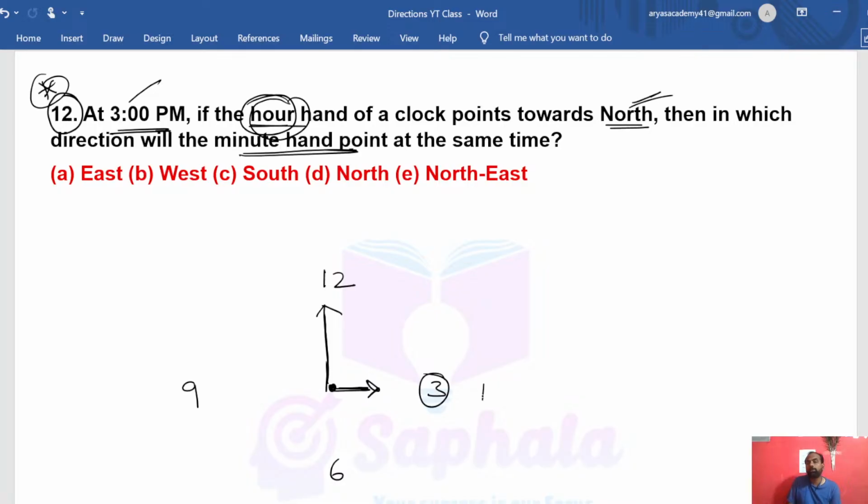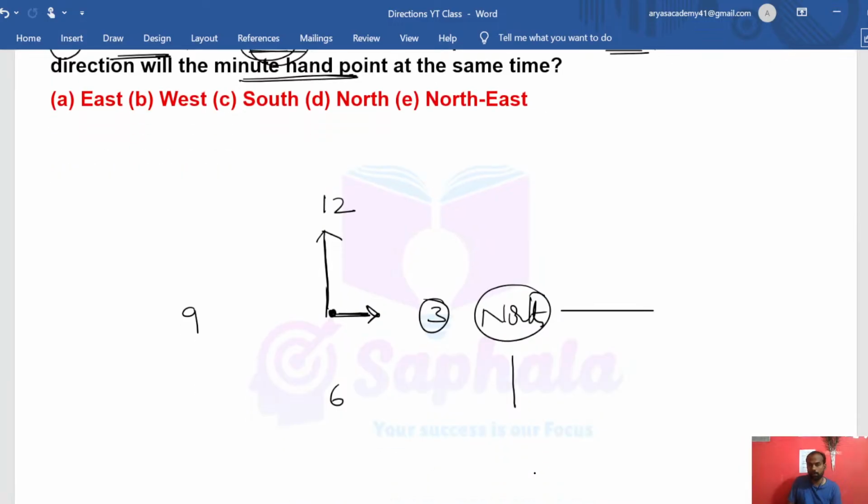So you have to imagine that this is the north direction. If this is north, then you have to go down to get south. In between, here you will have east and here you will have west, right? Number 3 is facing north. Now they are asking which direction this 12, which is over here, will be facing. That is the question.